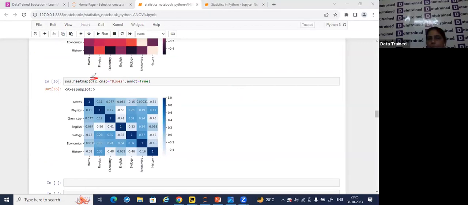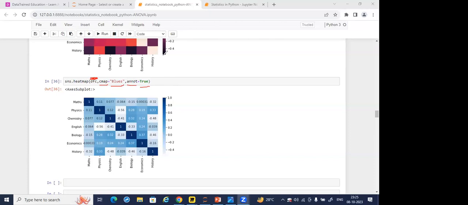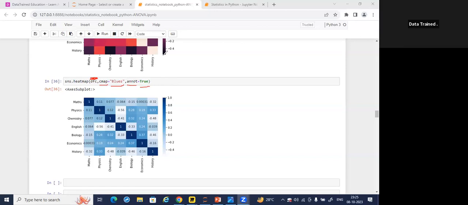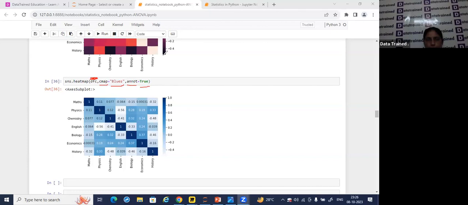So dfc, cmap is equal to Blues, annot is equal to True. cmap is color map, so color shades are there.